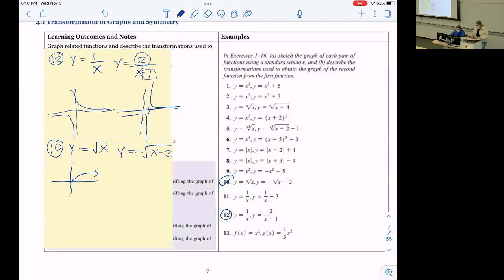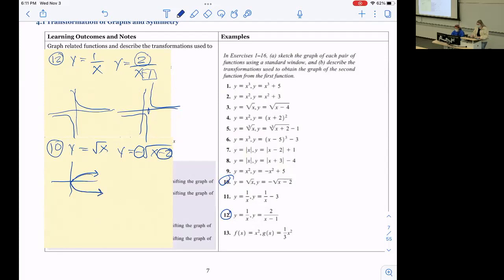We have this minus 2 and we have this negative. Because of the negative, we know that there's going to be a reflection over the x-axis. So that's going to make it negative. So instead of going this way, it is going to be reflected over the x-axis.